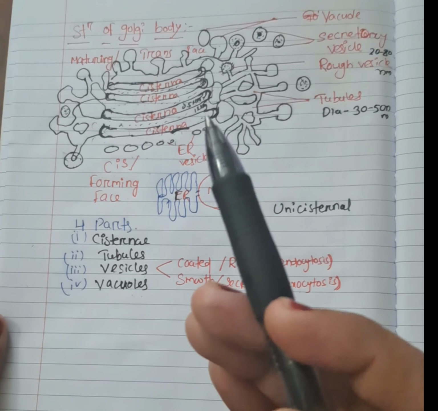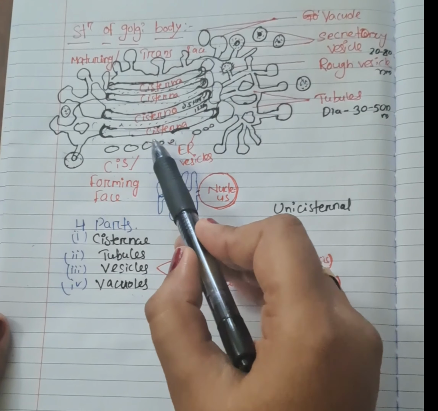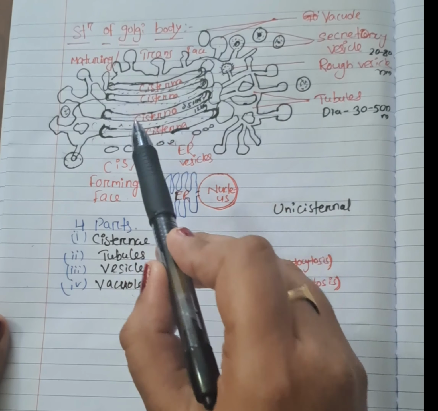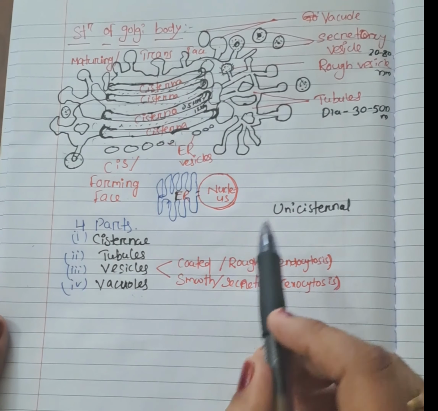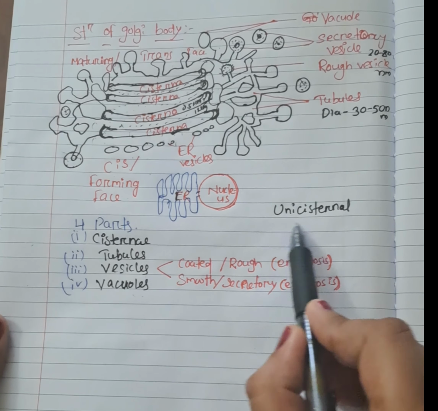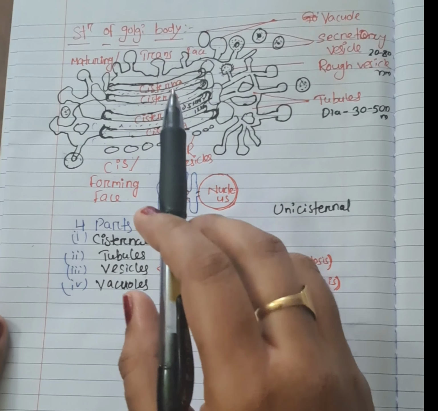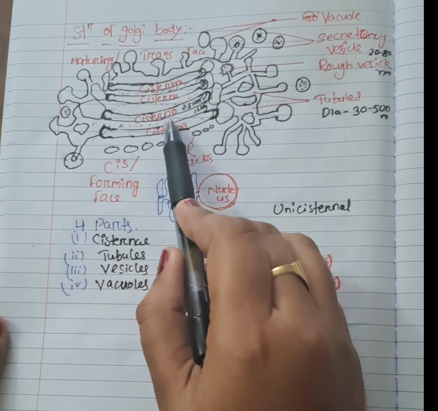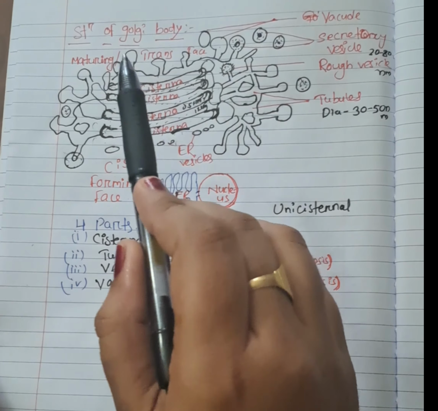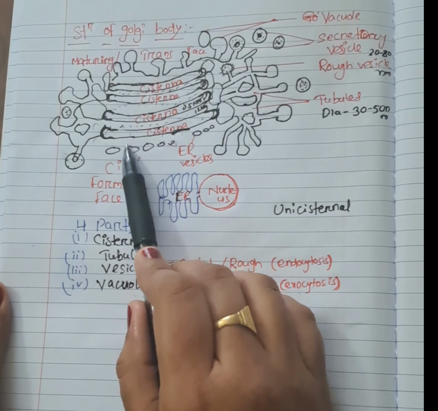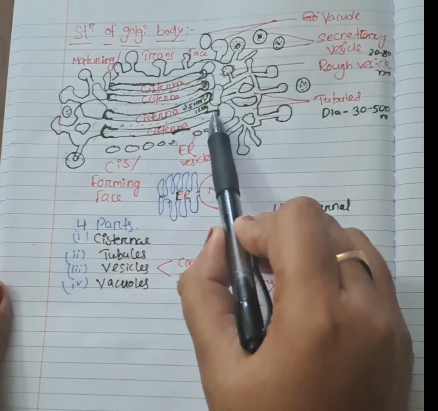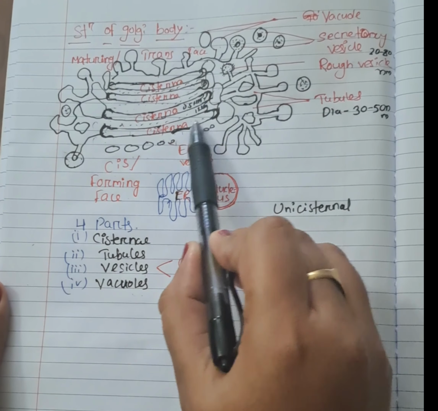In animal cells the number of cisternae is from 6 to 12, and in plants it is 10 to 20, but in fungi only one cisterna is found, so that is known as unicisternal. The cisterna is the fundamental unit of the Golgi body, and it is a polarized cell organelle, meaning the curvature gives polarity to the cisterna.